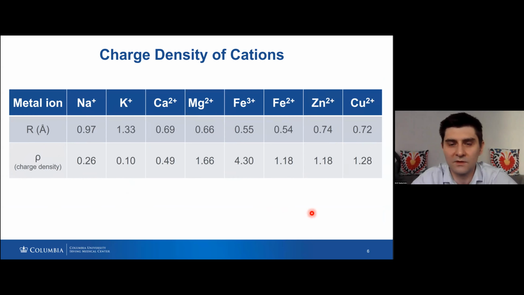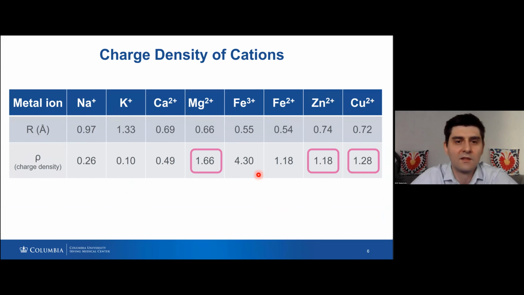But if you look a little bit closer, the charge density of magnesium, zinc, and copper is quite high compared to more abundant sodium, potassium, and calcium. So this translates to those minerals being really involved in a lot of biochemical reactions in the human body because of this high charge density. It is beneficial for the cells to use these ions for chemical reactions.